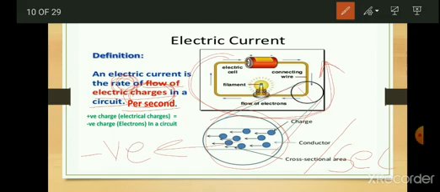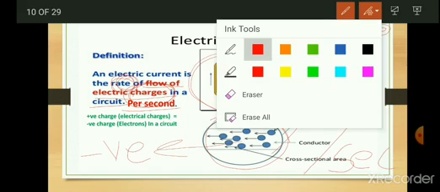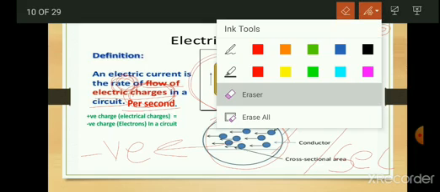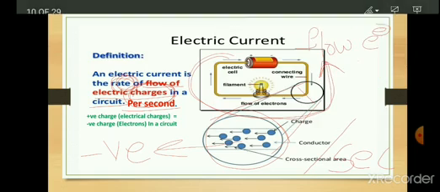But the actual concept of electric current is the flow of electrons. The flow of electrons from the negative terminal of the battery to the positive terminal of the battery.